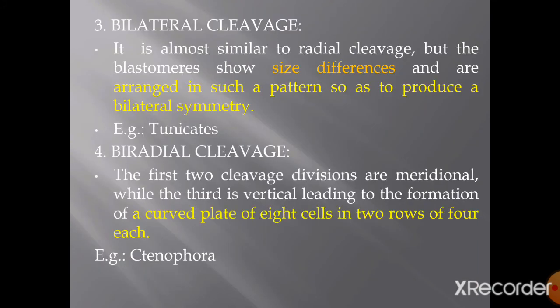Then the fourth type is biradial cleavage. The first two cleavage divisions here are meridional, while the third is horizontal, leading to the formation of a curved plate of 8 cells in 2 rows of 4 each.